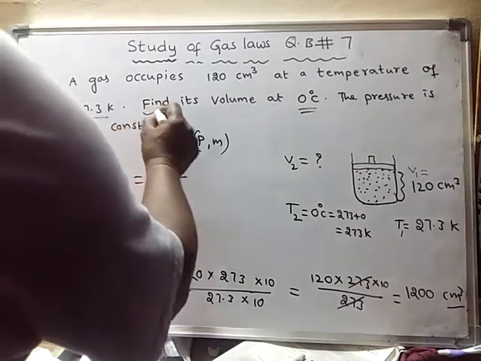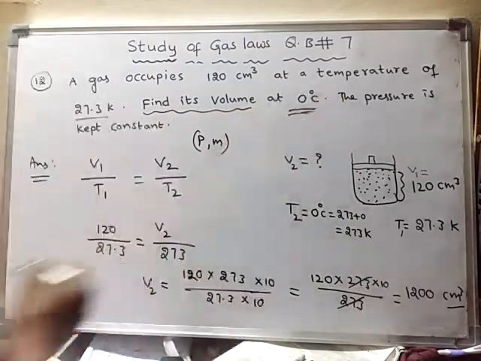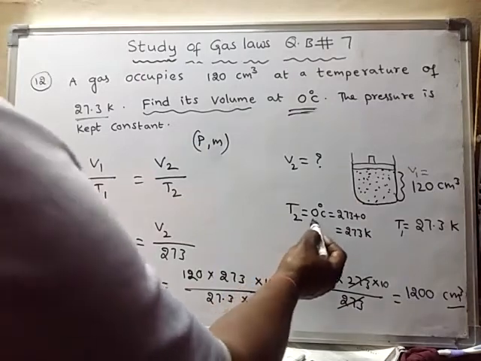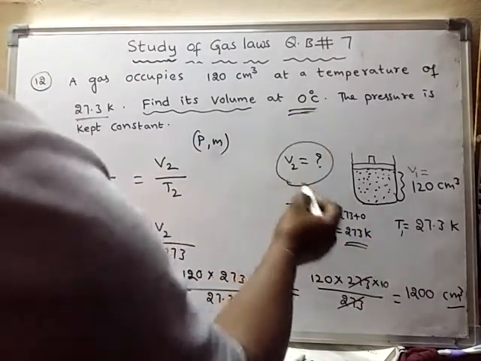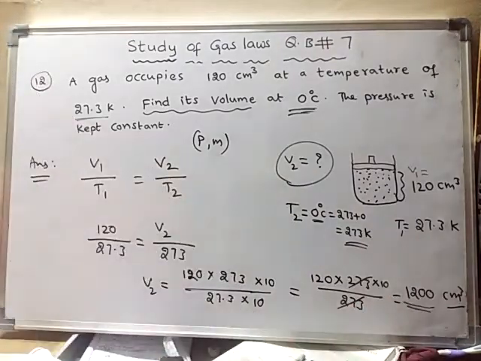So, find its volume at 0 degree centigrade, which means 273 Kelvin. At 273 Kelvin, the volume will be 1200 centimeter cube.